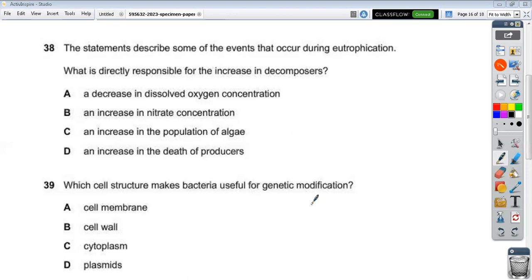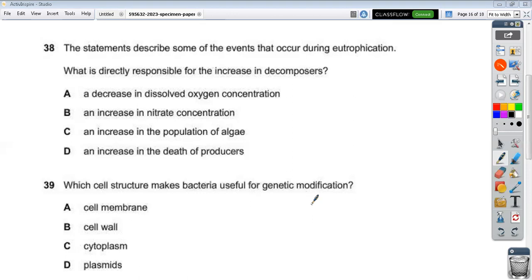Directly responsible. I'm not sure, sir. Takozo, what do you think? I think it's D. D, correct. An increase in death of producers means they will have more food, so it will increase.